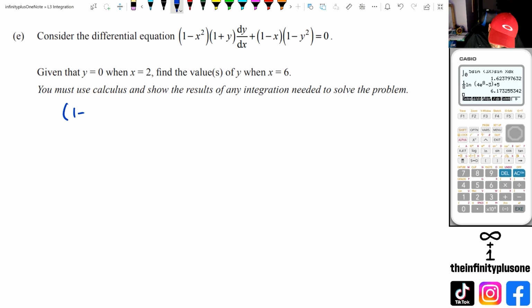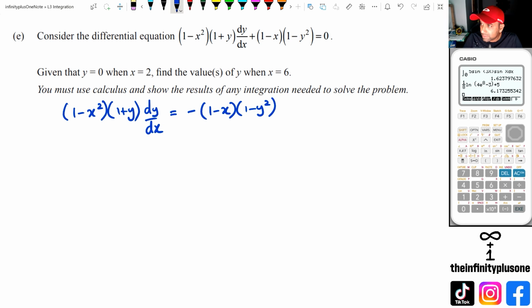So I'm going to write it like this: 1 minus x squared, 1 plus y, dy/dx, and I'm going to take the 1 minus x and 1 minus y squared to the other side, which means it's going to become negative (1 minus x)(1 minus y squared). Once that's done, I can now bring all the x's to one side and all the y's to the other side.